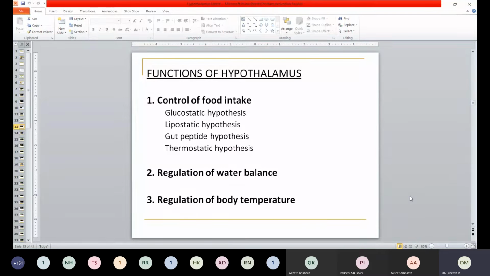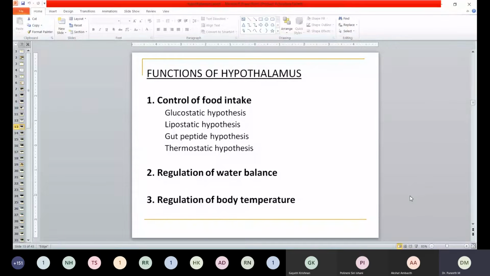I'll just once again brief the functions of the hypothalamus. First is the control of food intake. I also explained the hypotheses involved in the control of food intake, that is the glucostatic, lipostatic, gut peptide and thermostatic hypotheses.